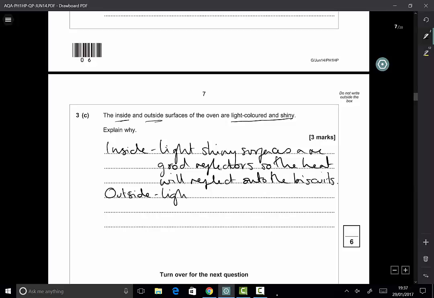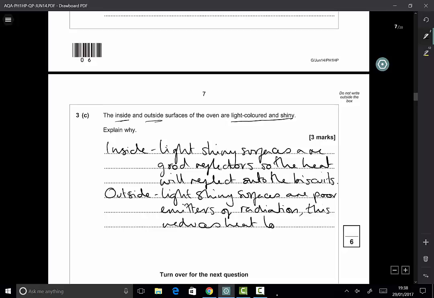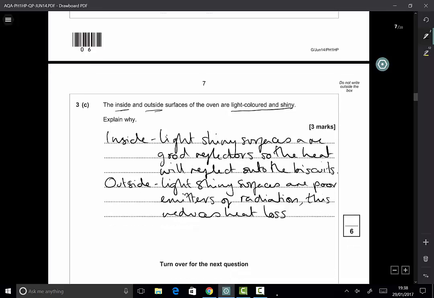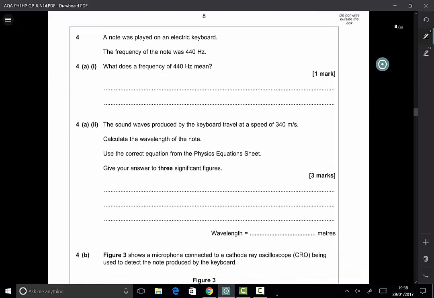So light shiny surfaces are poor or bad emitters of radiation. And what's good about that? This reduces heat loss.